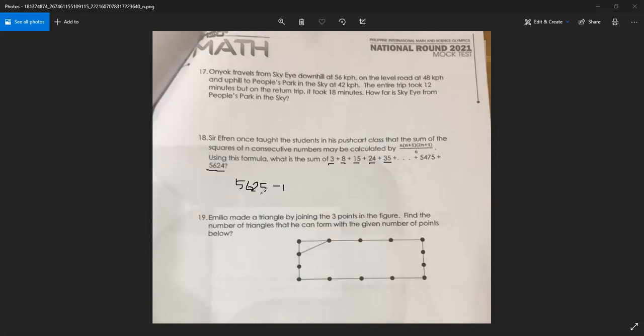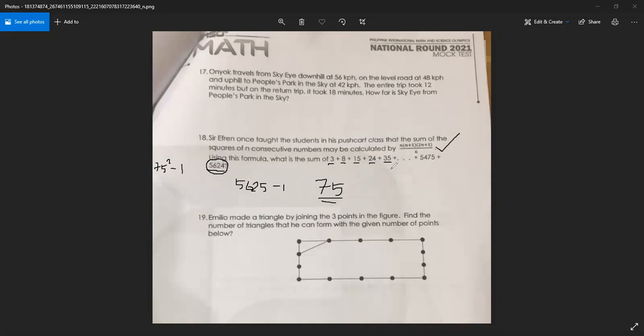Meaning, there are 75 square numbers here, because the last number is actually 75 squared minus 1. So there are 75 numbers here. We can now use this formula.